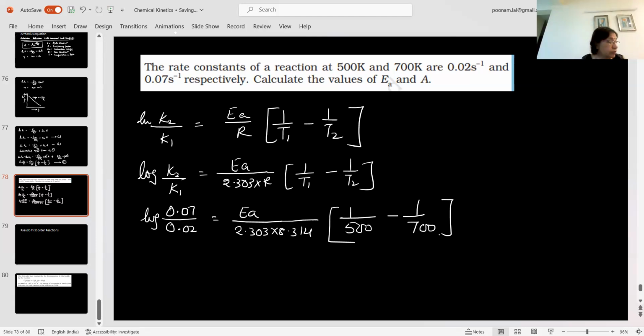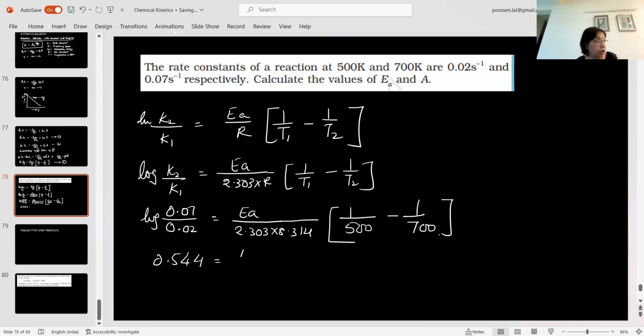So this value, log of 0.07 divided by 0.02, comes to 0.544.